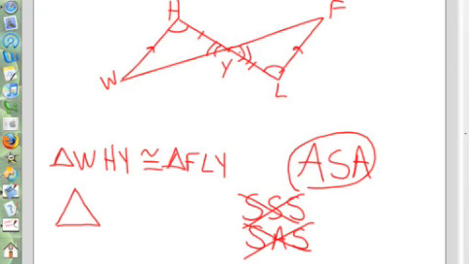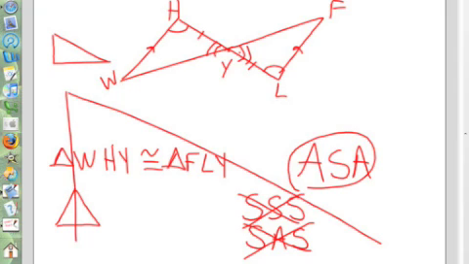You can have a 30, 60, 90 degree triangle that's this big, and you can have a 30, 60, 90 degree triangle that's this big. It's still 3 angles equal to 3 angles, but they're not congruent because the sides aren't the same. So there is no angle, angle, angle.